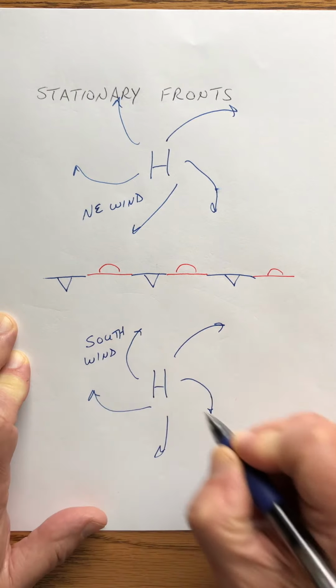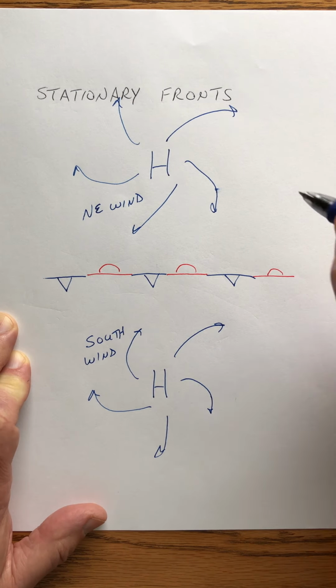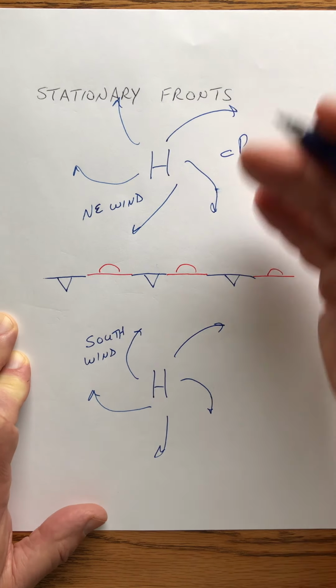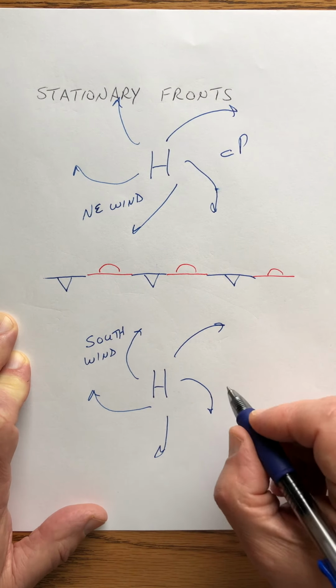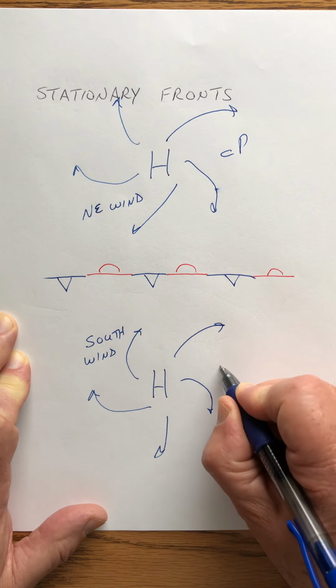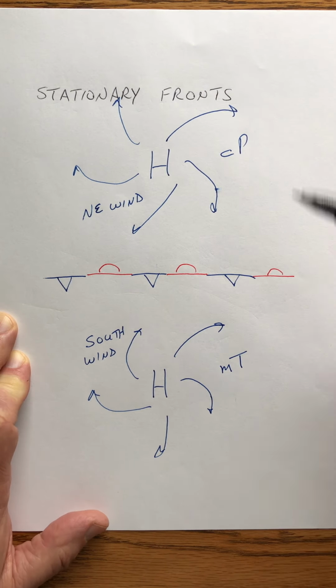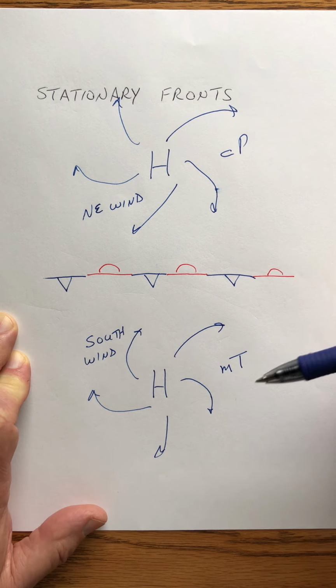Okay, and probably what I should have first done: this is going to be continental polar air to the north of the front, and to the south of the stationary front, this is going to be maritime tropical air. So we have air masses of contrasting properties.